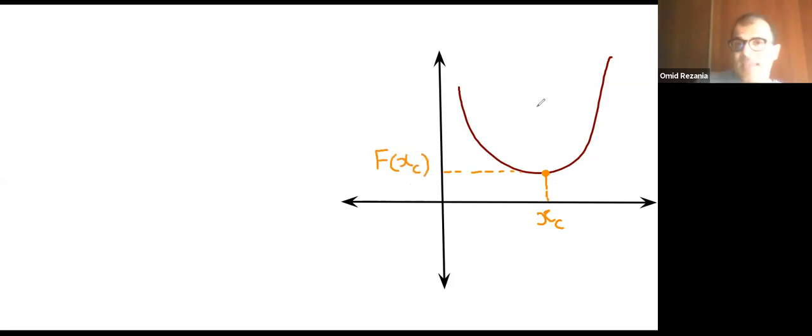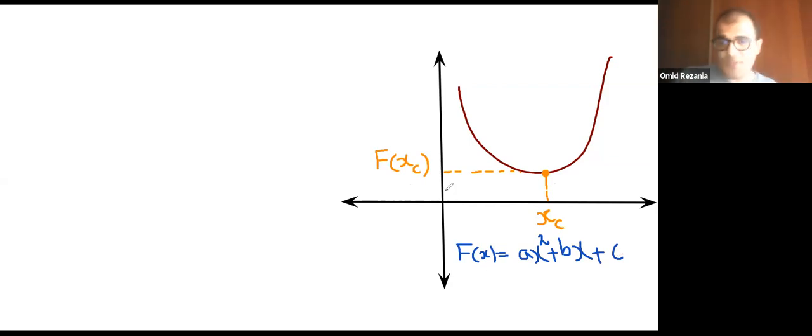We saw yesterday the general equation for this kind of quadratic function: f of x becomes ax squared plus bx plus c. We said that if a, which we call the leading coefficient of this quadratic function, is a positive number, then the function opens up.